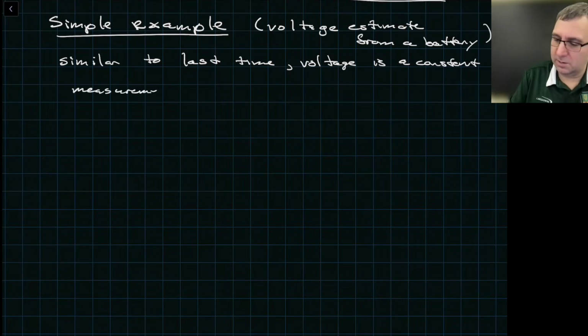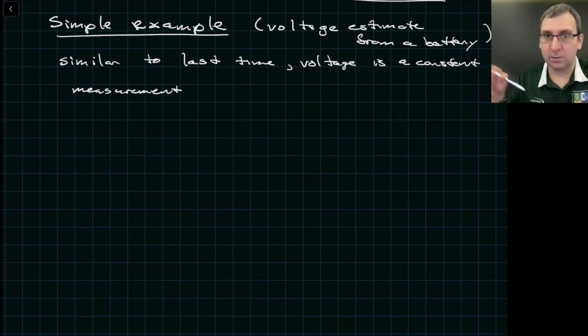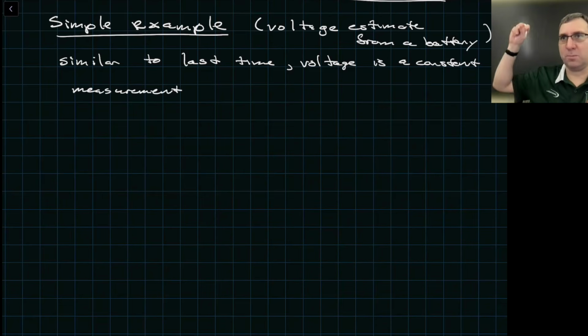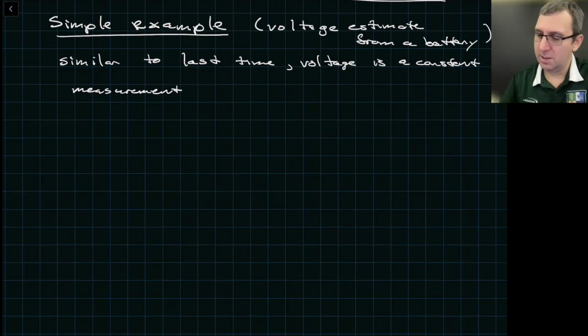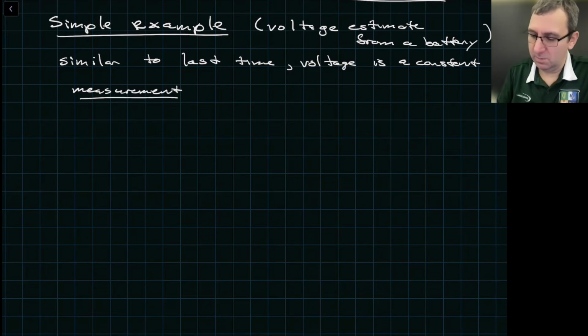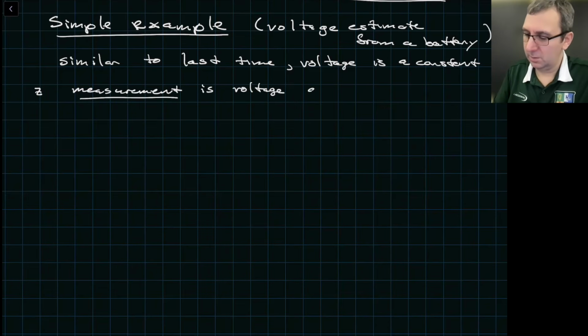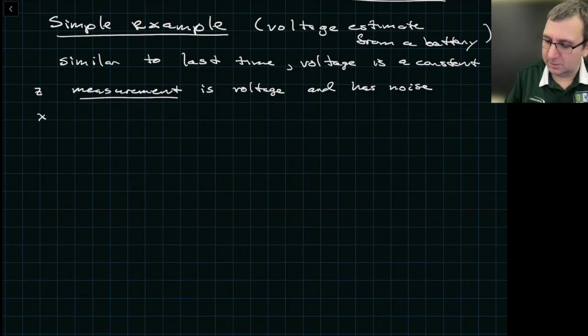So to construct the model means coming up with those matrices A, H, Q, and R. That's all we're trying to do here. Measurement, the Z, is voltage and has noise. X, the state, is also the voltage, just the voltage.